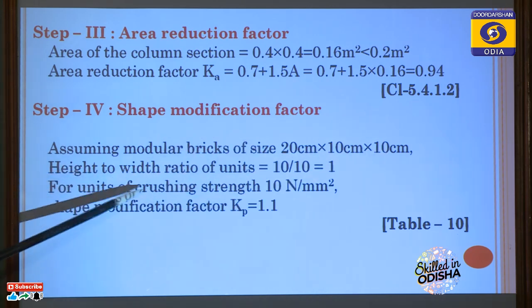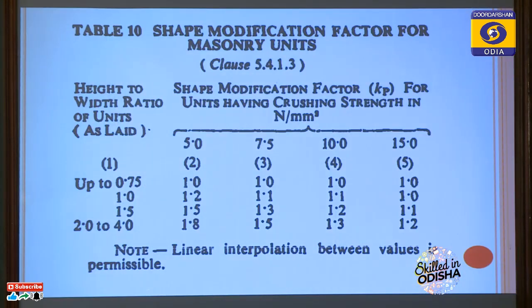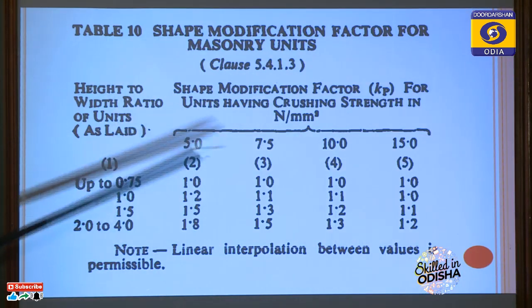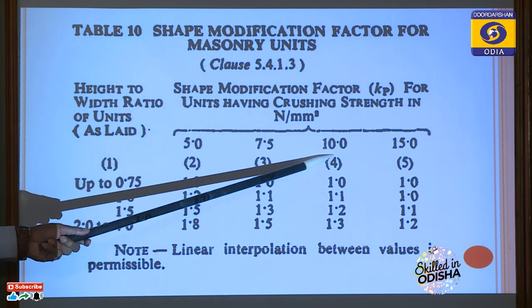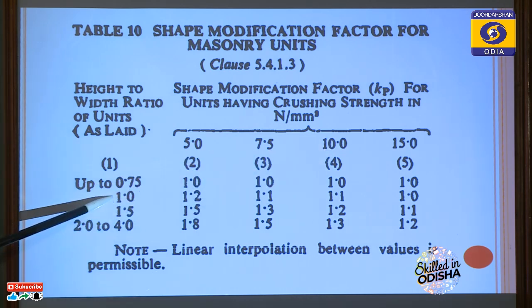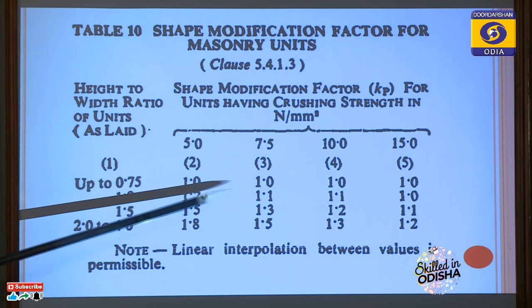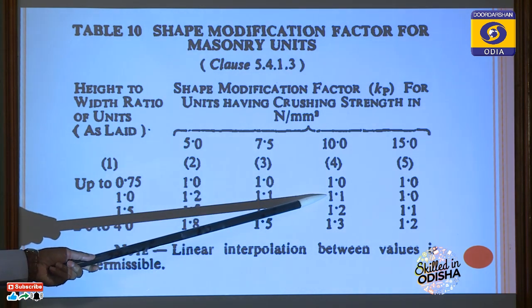So for units of crushing strength 10, the shape modification factor is calculated from table 10. See here, from table 10, for crushing strength 10 and height to width ratio 1, the shape modification factor is 1.1.